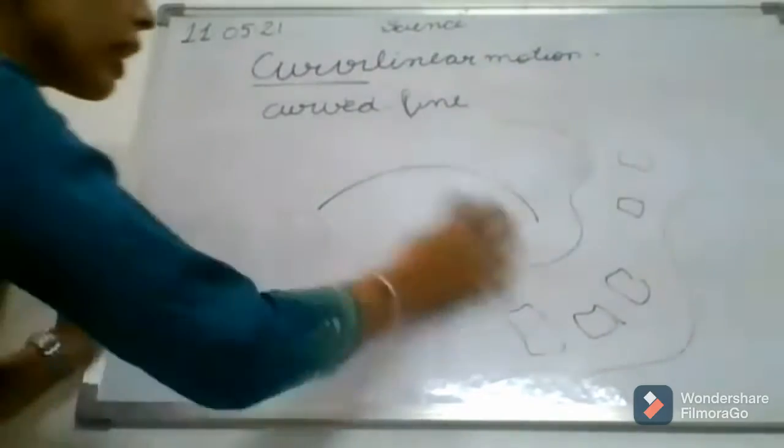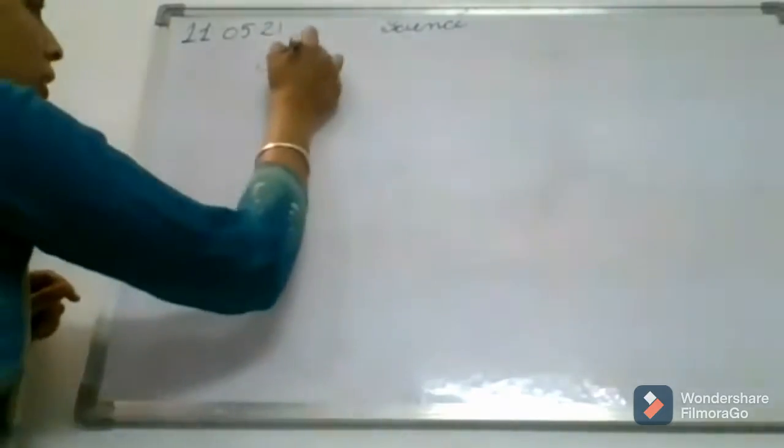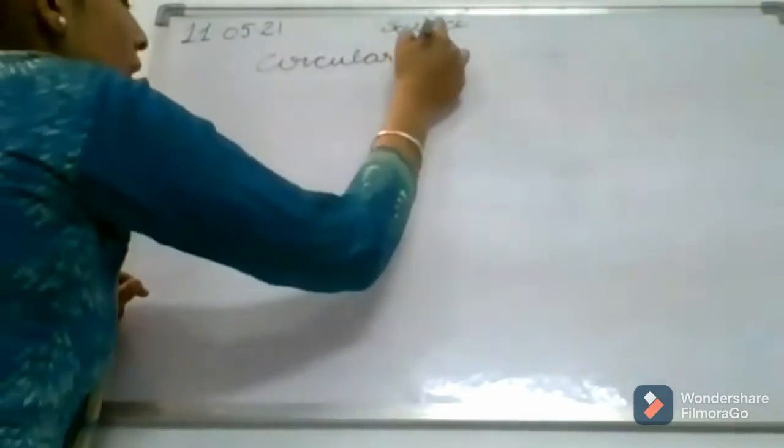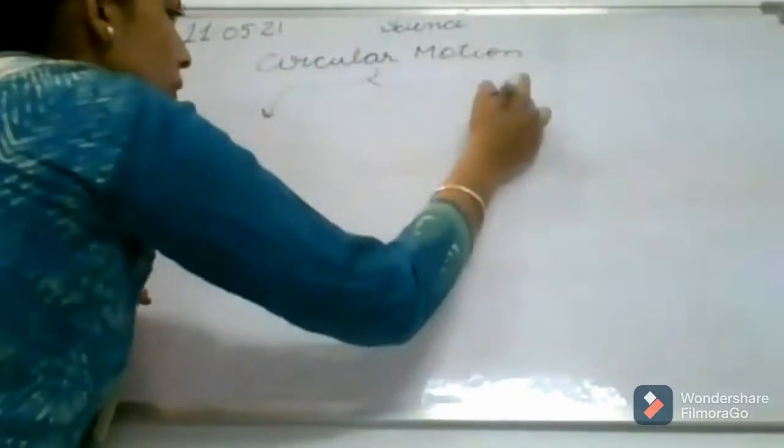So the next is circular motion that we have done. When an object is moving in a circular path, it is called circular motion. Students, this circular motion is further divided into two types.